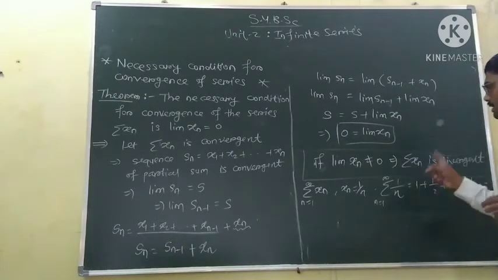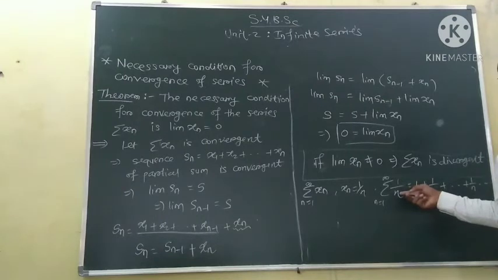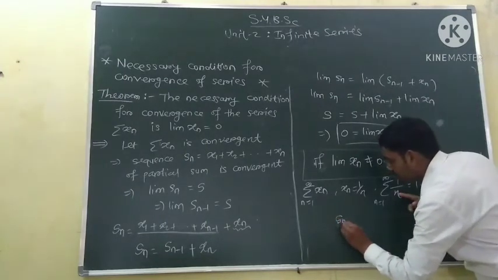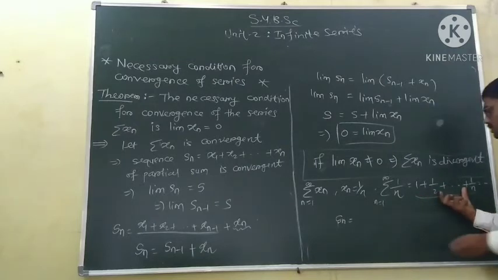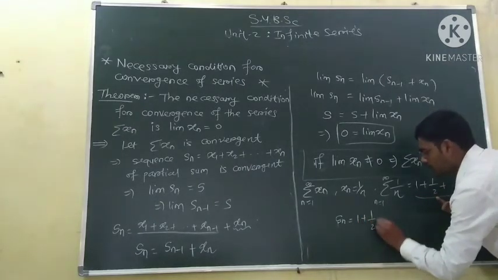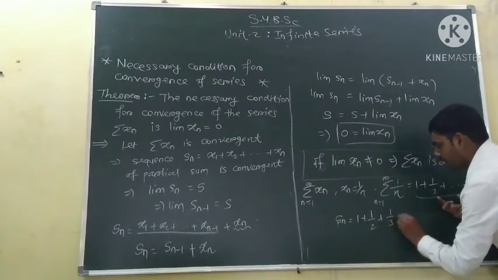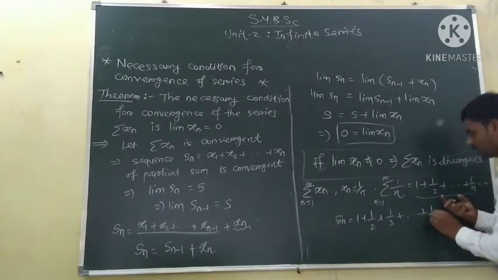Now what is the sequence of partial sums for this series? The nth partial sum Sn will be the sum of the first n terms. So this is equal to 1 plus 1 by 2 plus 1 by 3 up to 1 by n.